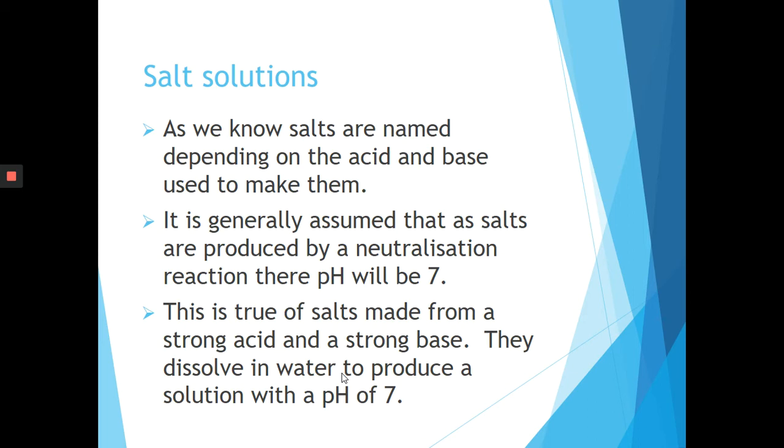One of the products we get is water, the other one being the salt. Now, if we were reacting together a strong acid and a strong base, that would be true. So if I took sodium hydroxide and hydrochloric acid, reacted them together to get sodium chloride and water, I would find that the dissolved salt within the water had a pH of 7.